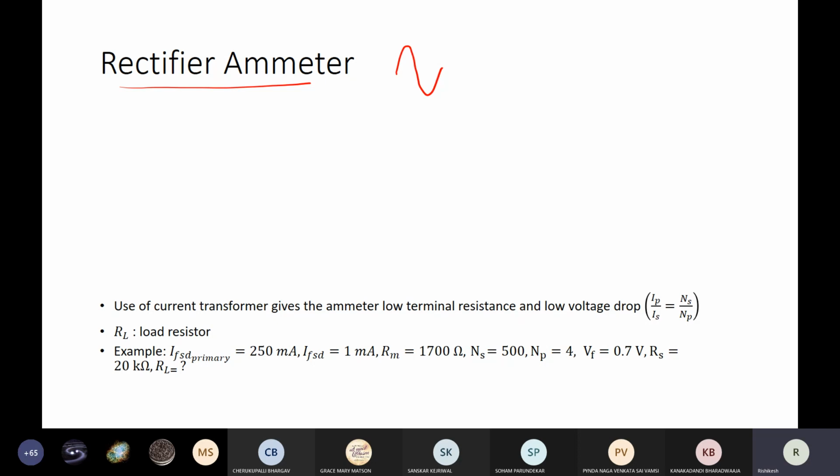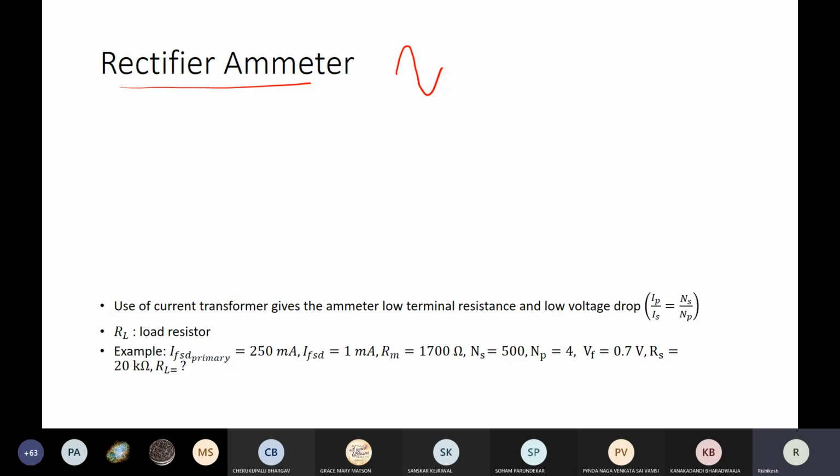Ideally it should be 0, but practically it is some value which is called the burden voltage, isn't it?